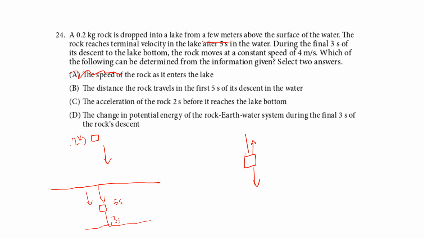But there's going to be friction building up, which is what's going to make it have terminal velocity once these two arrows are equal. But the friction arrow is going to change as the velocity changes. I don't know if it'll speed up or slow down because we don't know the speed it enters, so we can't figure anything like that out.